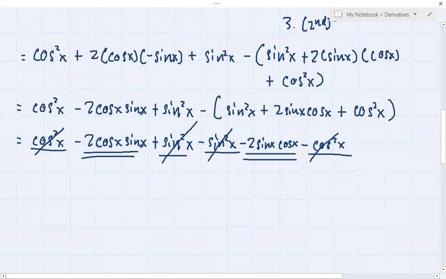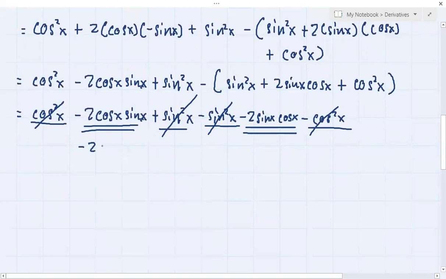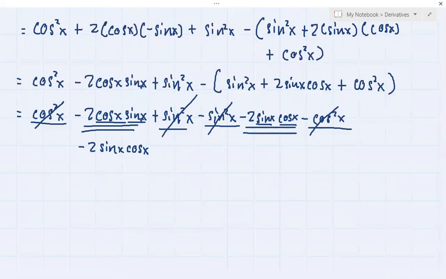Okay? Etong si negative 2 cosine x sine x, it can be rewritten as negative 2 times sine x times cosine x. Parehas lang naman sila. Okay? Basta, if both of them have cosine x, sine x, then it doesn't matter kung i-interchange mo yung position nila o hindi. As long as both of them have something in common, you can combine them together.